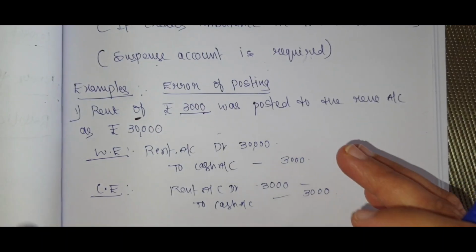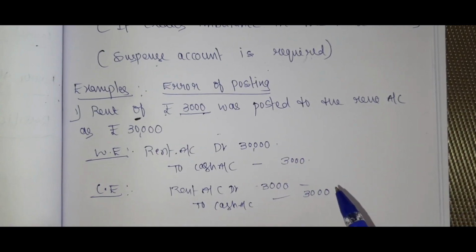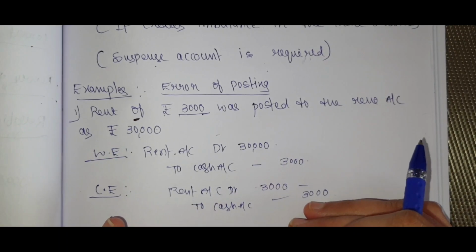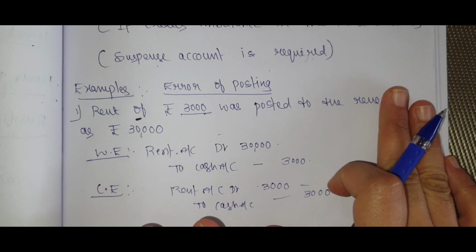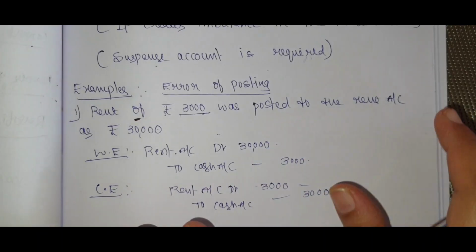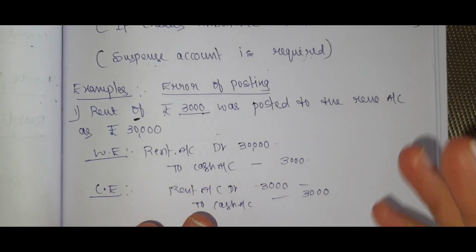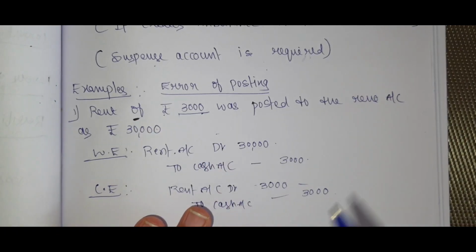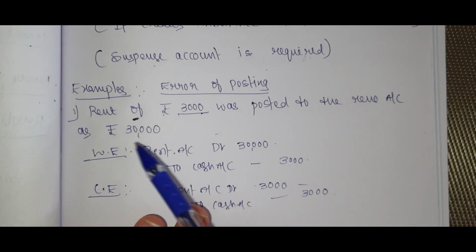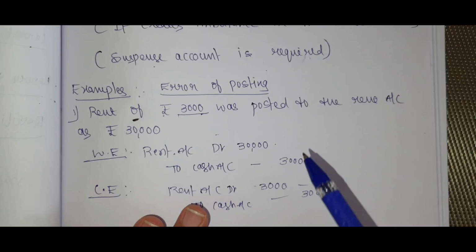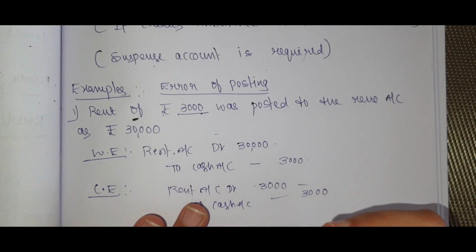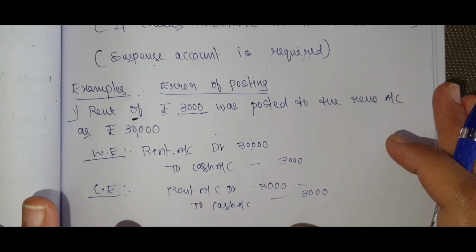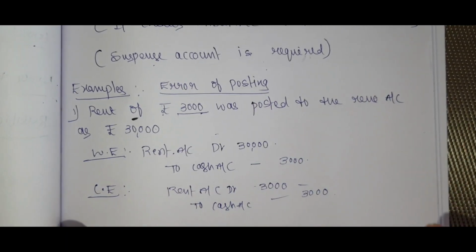The rent account was debited too much, rupees 30,000 instead of rupees 3,000. So what do we have to do? We reduce the excess, that is rupees 27,000, by crediting the rent account, because our rent is only rupees 3000. Remember this. So what is our rectification entry?